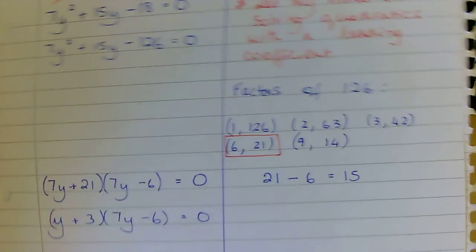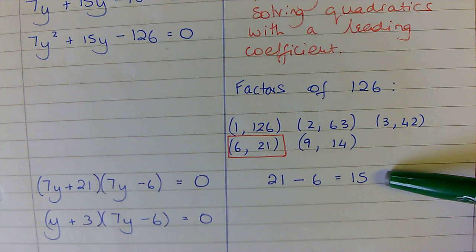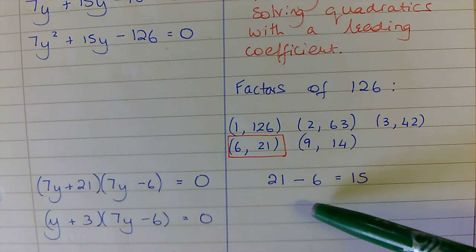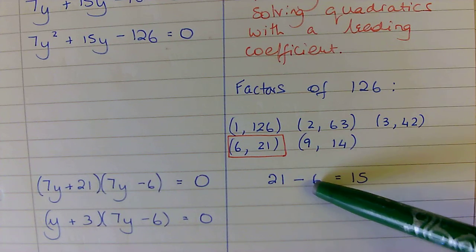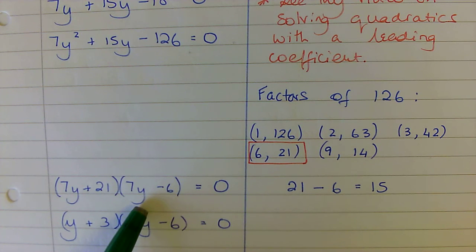So, sorry, it's a bit wobbly. That is definitely the pair we're going to use, and we transfer the 21 and the negative 6 to the brackets that we have waiting for our solution.